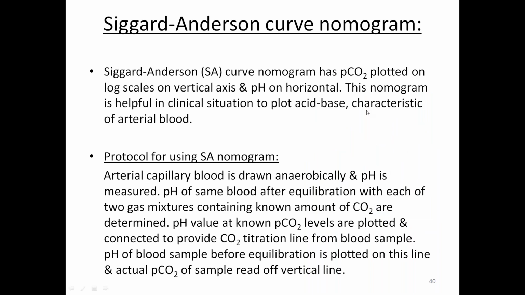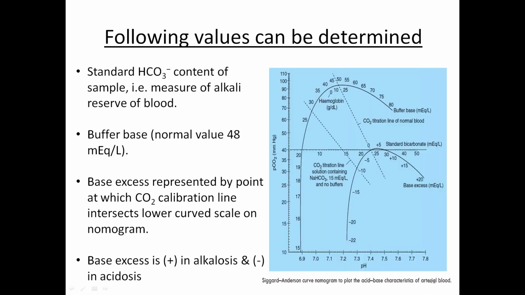Now your last diagram here is called the Siggaard-Andersen curve nomogram. Okay, so this nomogram is basically showing a plot of acid-base characteristics in arterial blood, and this is helpful in clinical situations.